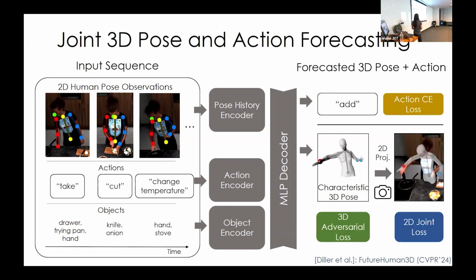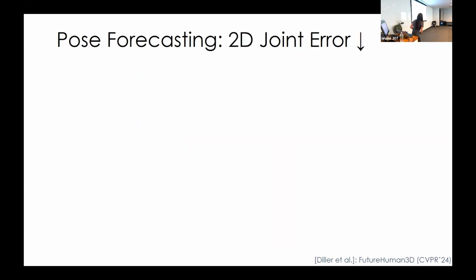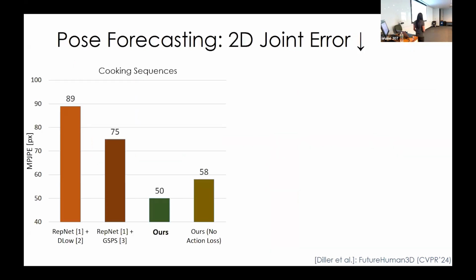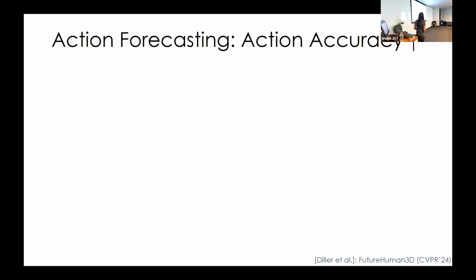So this is predicting the semantics as well as the 3D pose that's being regularized by general data sets of just 3D poses.